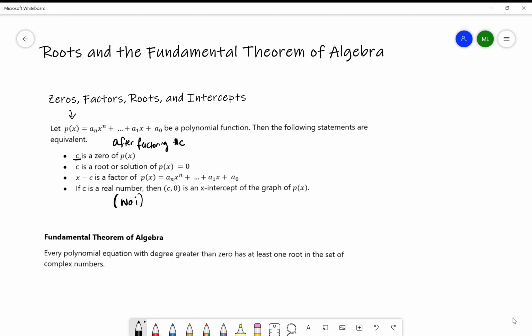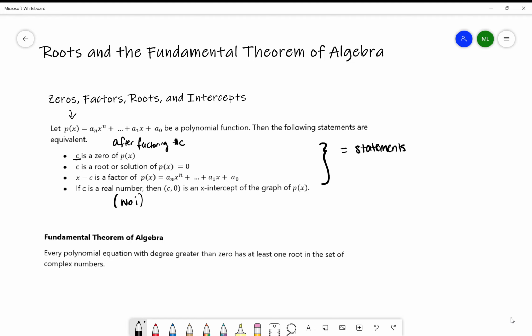And the binomial, x minus c, is a factor of this polynomial. So all four things are equal. These are all equal statements. And that's what it says in this summary right here. So this is what we have learned before.